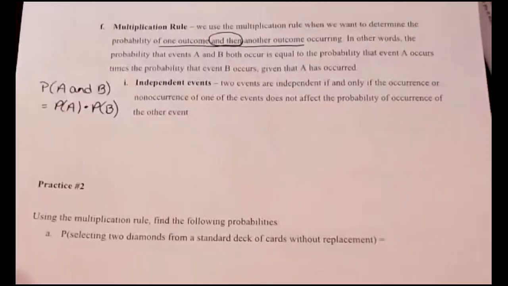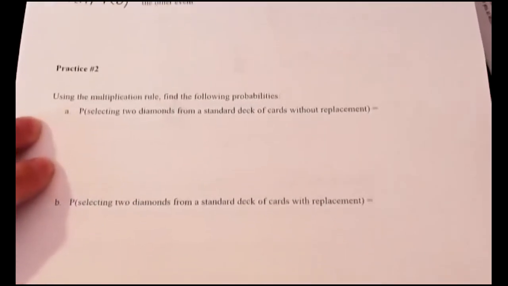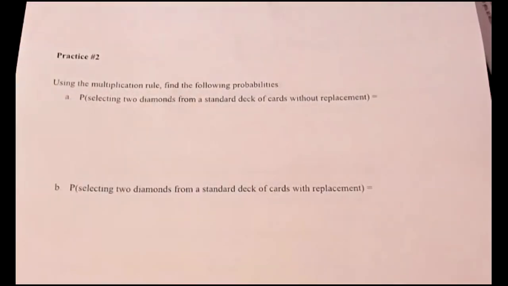I wanted to give you an example that was so ridiculous that you could be like, obviously, whether it's raining or shining, she's going to drink her coffee. I know that sounds stupid, but I'm just trying to drive home a point. Okay, cool. Let's take a look at a practice problem that involves a multiplication rule.